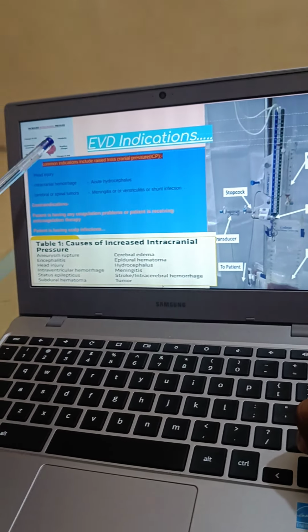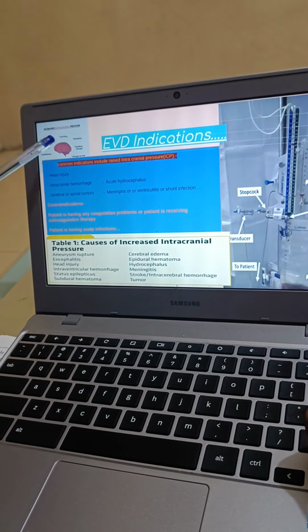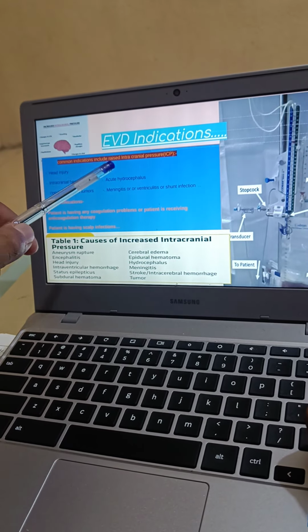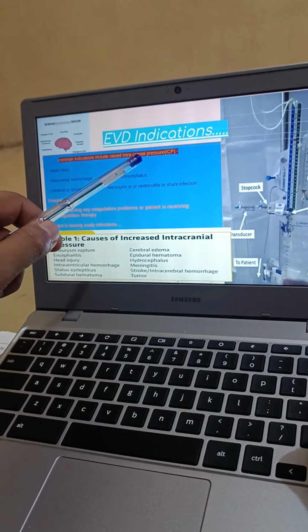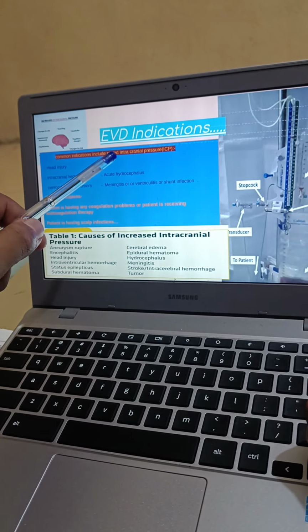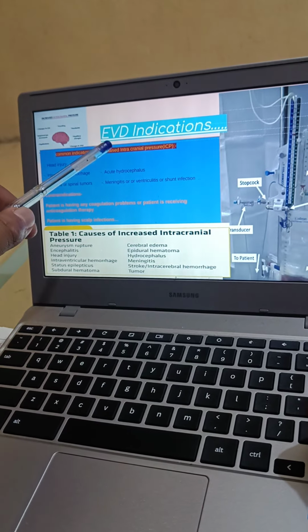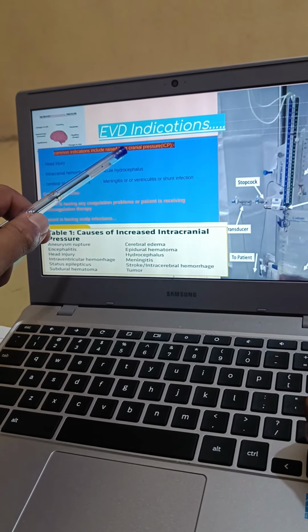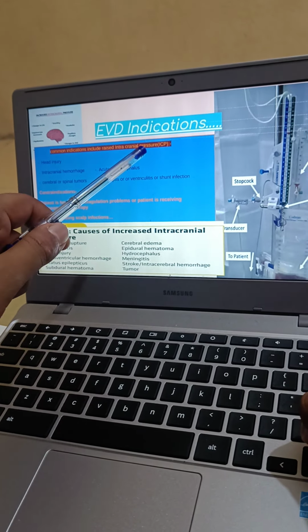See, this is the brain. Then what are the common indications for EVD? Raised intracranial pressure. In which cases can we expect to see increased intracranial pressure?